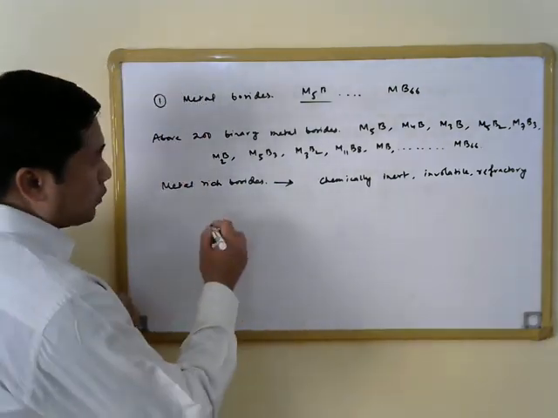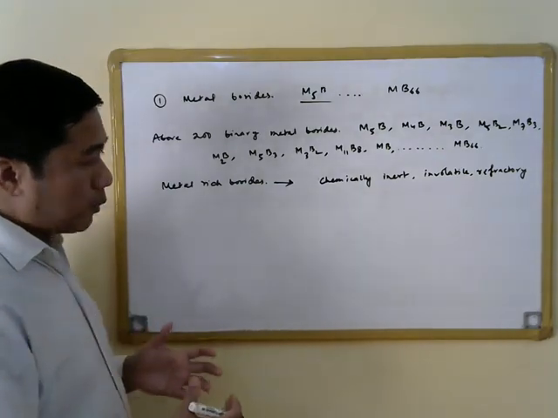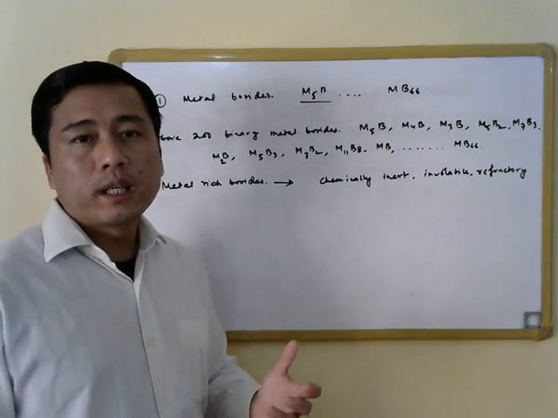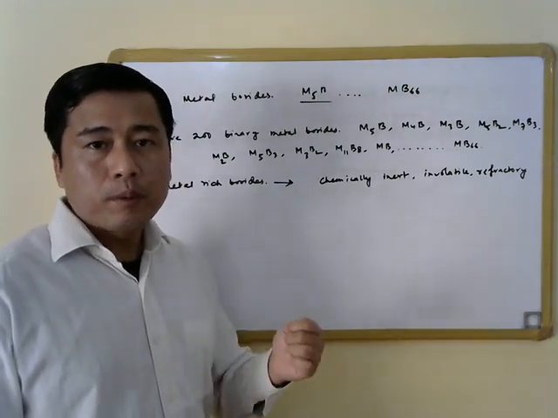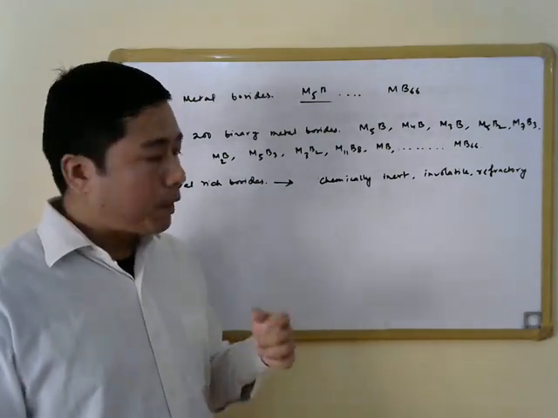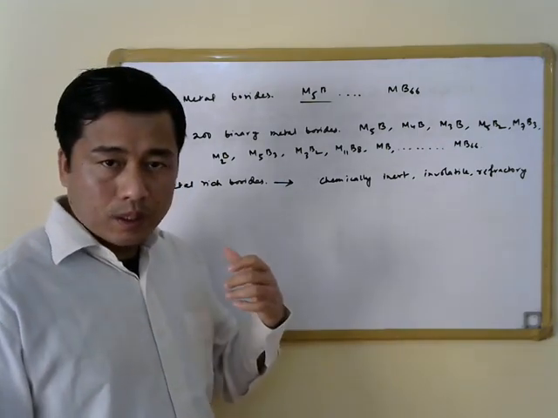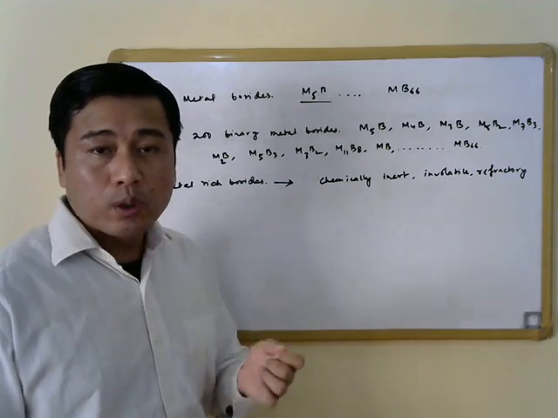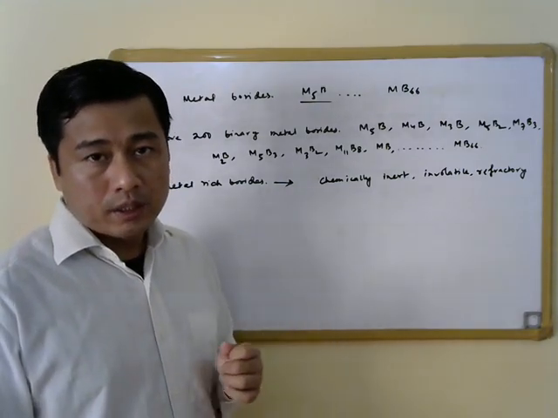In fact, in some cases, the melting points of the metal borides are higher than that of the parent metal itself, and the electrical conductivity of the metal borides generally exceeds the electrical conductivity of the pristine metal itself.